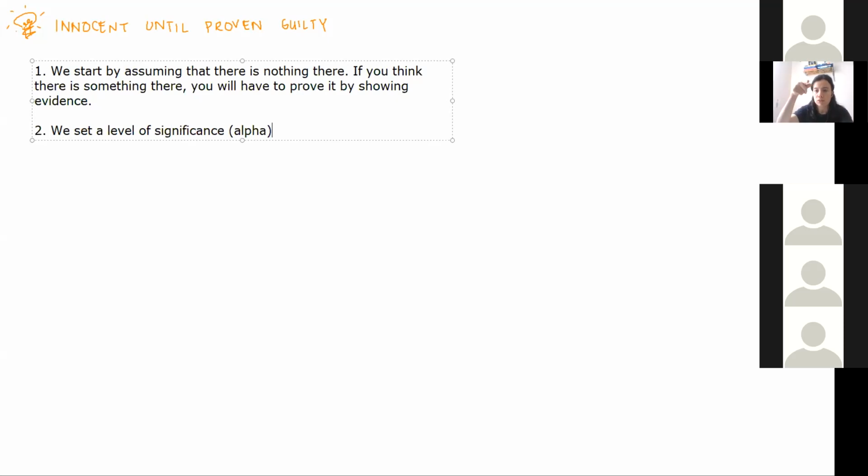You can just write the little almost fish thingy, the Greek A, so alpha. That determines how much evidence you want before making a decision, right?